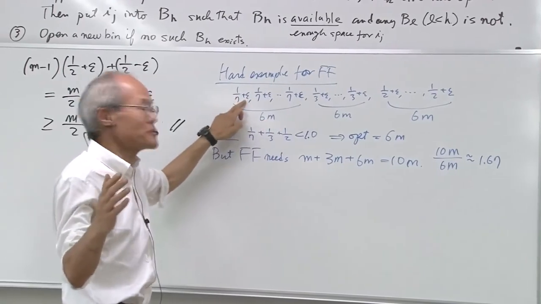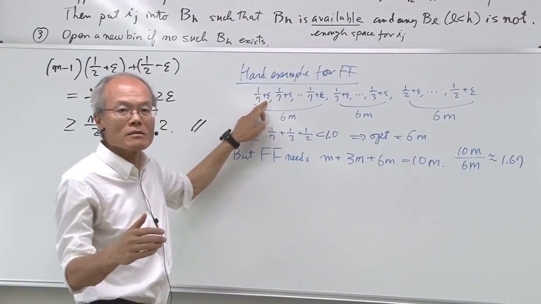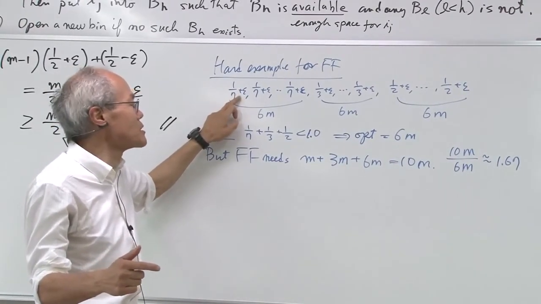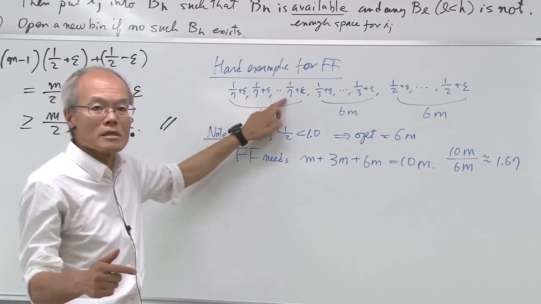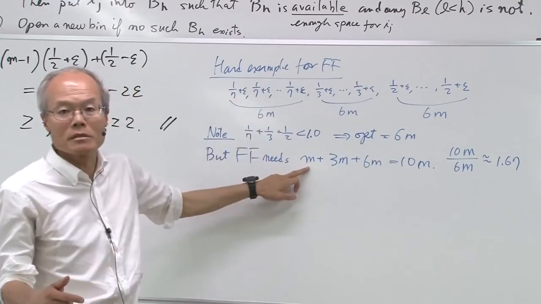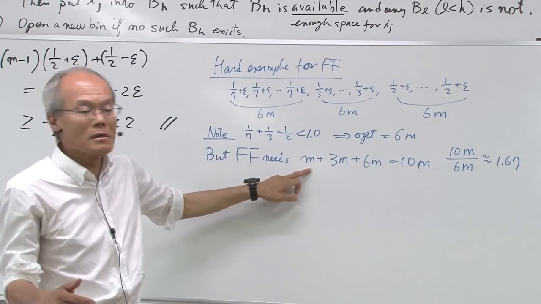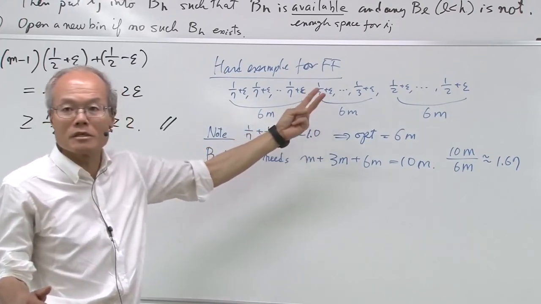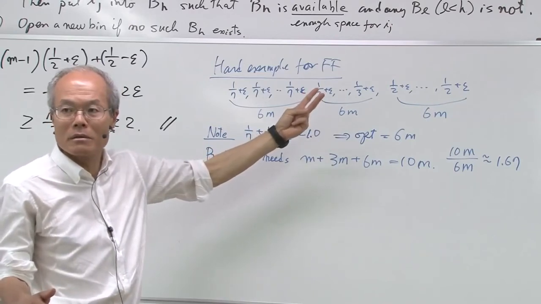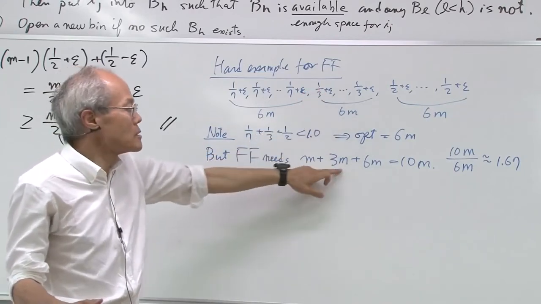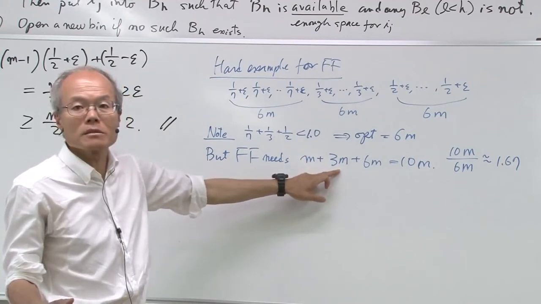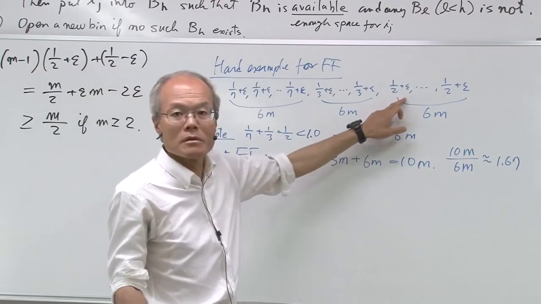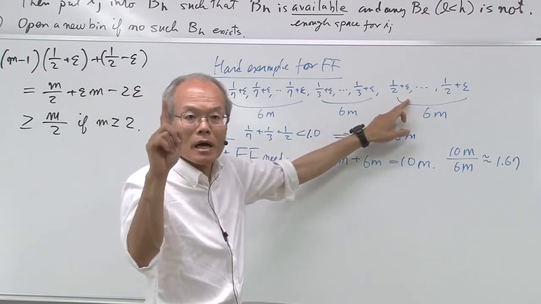Because 1/7 plus epsilon, epsilon is a positive value, so we can't put 7 items. So we can put 6 items into one bin for this group. That means we need m bins for the first group. For the second group, we can put 2 items into one bin, right? That means we need 3m bins. For the last group, we can put only 1 item in a bin.